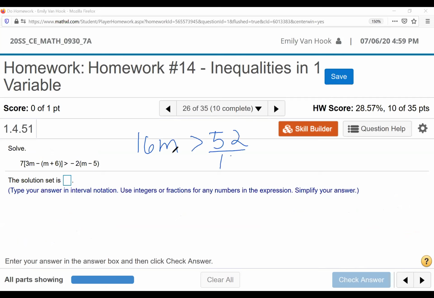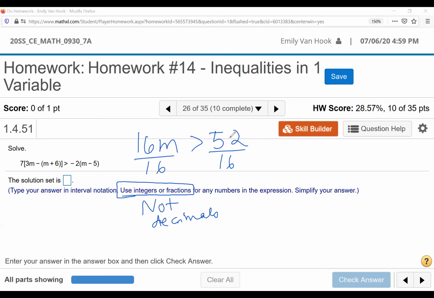Now, if we divide by 16 on both sides, my calculator is giving me a decimal, 3.25. My directions are asking me to use integers or fractions. So that means not decimals.